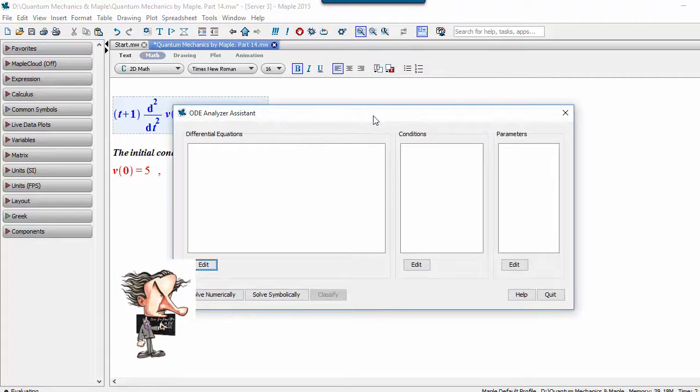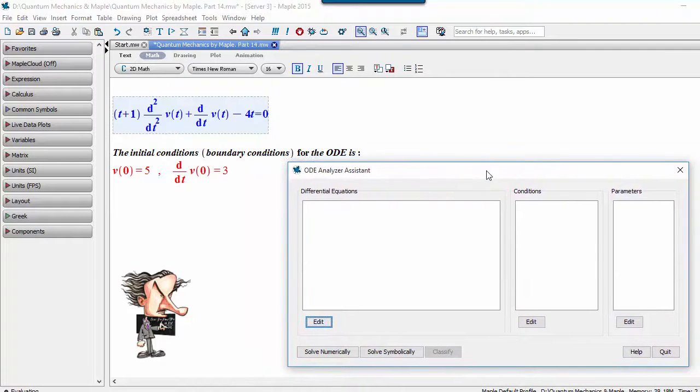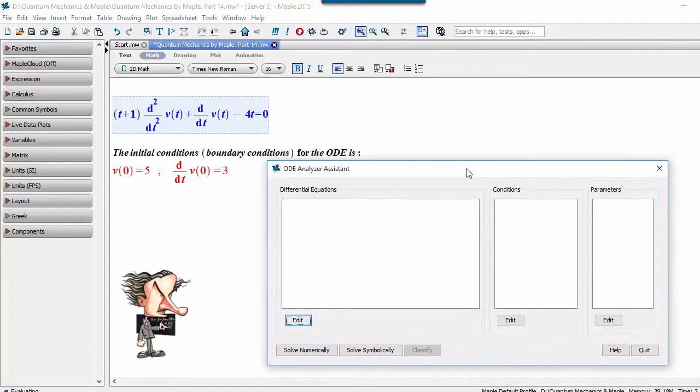The ODE Analyzer Assistant is displayed. In the main ODE Analyzer Assistant window, you can define ordinary differential equations, initial or boundary value conditions, and parameters.